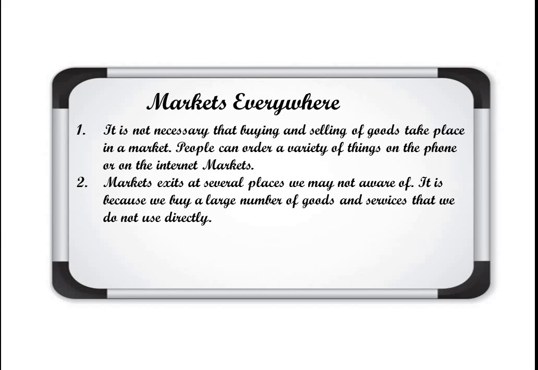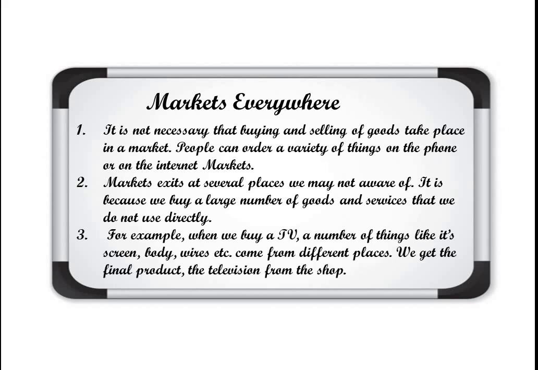Now some of the markets that we really do not know about exist because we buy a large number of goods and services that we do not use directly. It is reality. For example, when we buy a TV, a number of things like its screen, body, wiring, etc. come from different places.